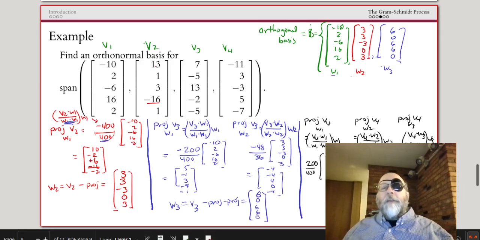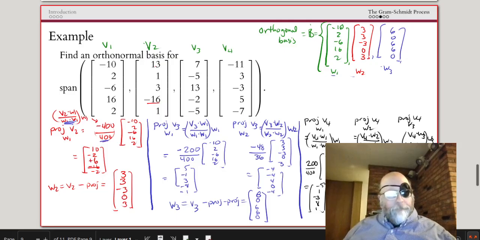So that's negative 10, 2, negative 6, 16, and 2. So that's half of negative 10, half of 2, half of negative 6 is negative 3, half of 16 is 8, and half of 2 is 1. All right.